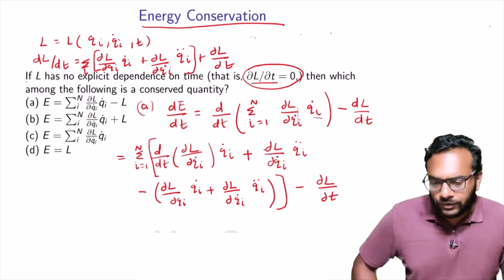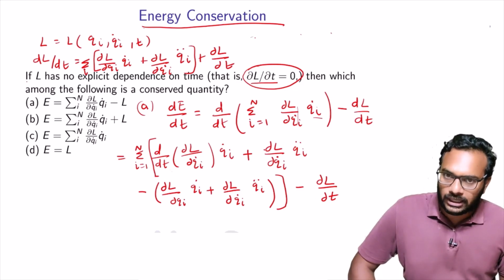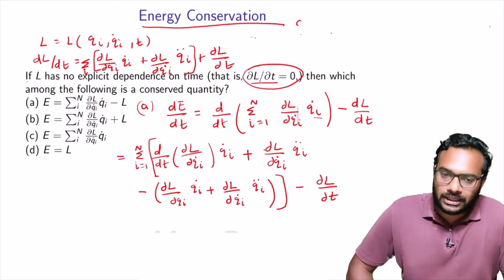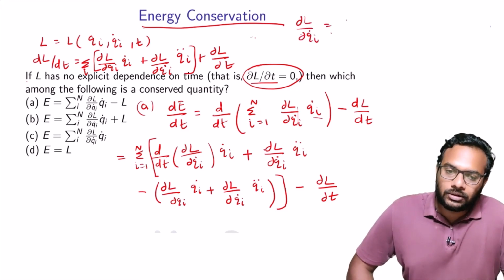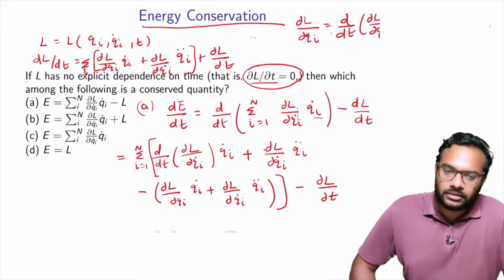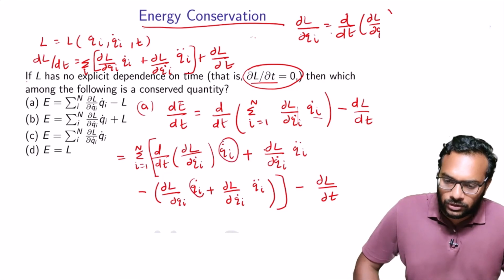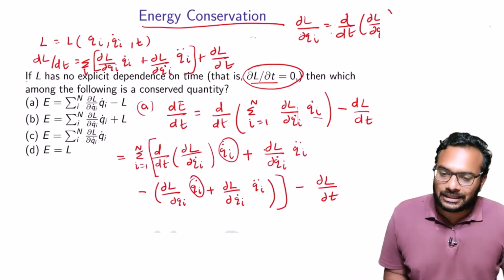Now if you look carefully here, this is d/dt of ∂L/∂qi dot. But from Lagrange's equation we know that ∂L/∂qi is equal to d/dt of ∂L/∂qi dot. So we see that the coefficients are the same here, qi dot, and Lagrange's equation says that d/dt of ∂L/∂qi dot is equal to ∂L/∂qi.